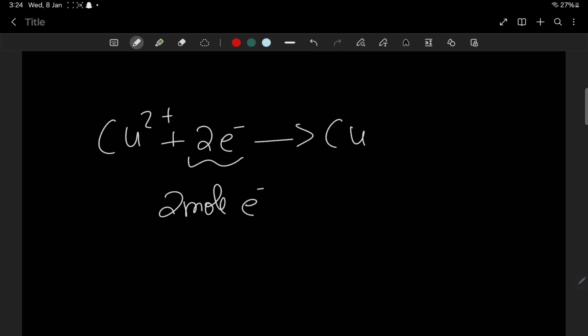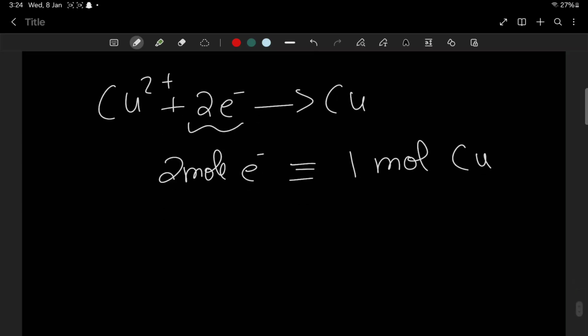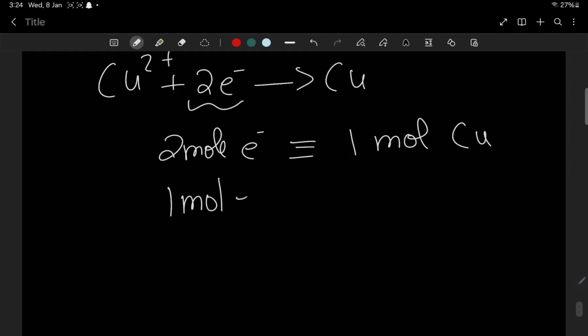Look at the equation. Cu2+ plus 2 electrons gives Cu. Here 2 mole electron is there, and that will give us 1 mole copper. So 2 mole electron, 1 mole copper. 2 Faraday give us 1 mole copper, right? 2 mole electron means 2 Faraday.